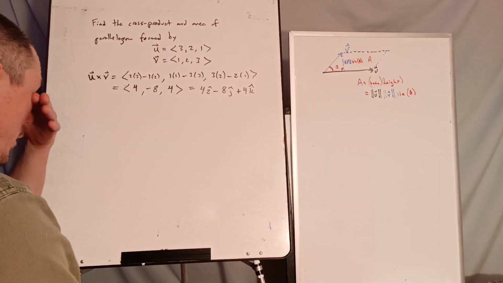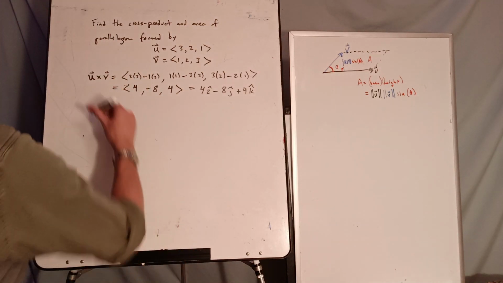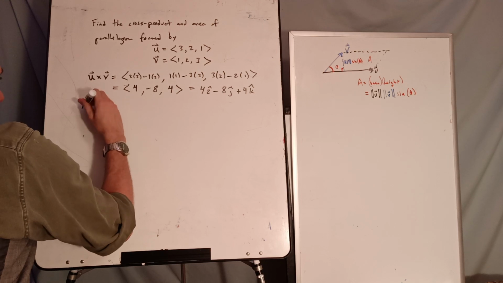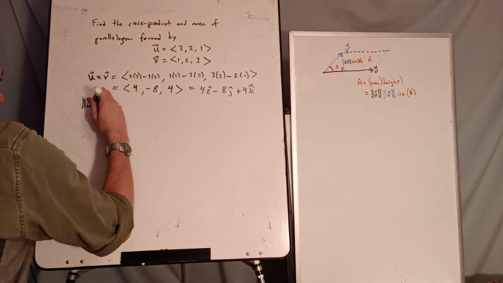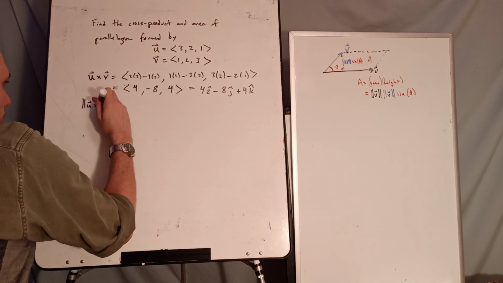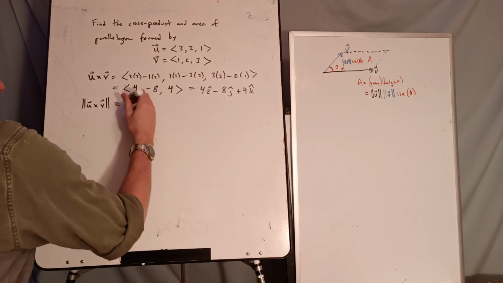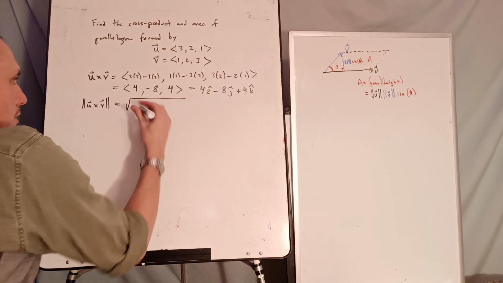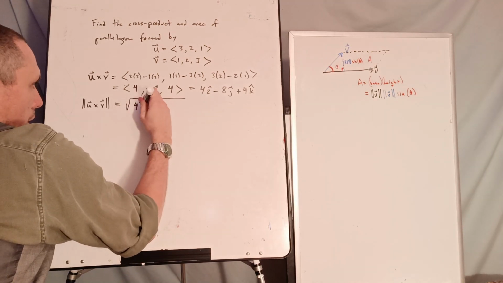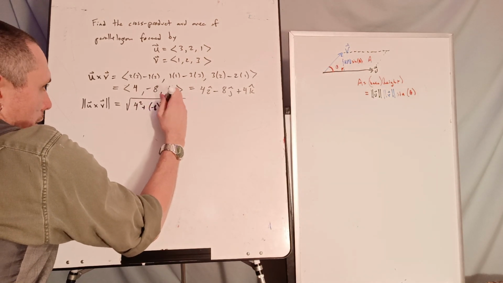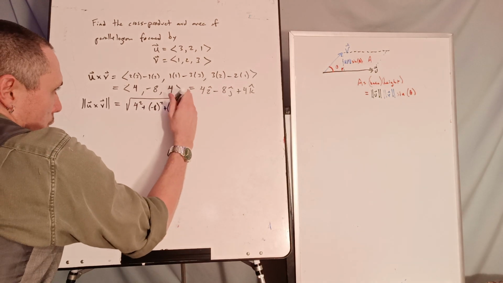And then if we want to know the magnitude of this, we could say, well, that's U cross V. First of all, there's 2 easy ways to calculate it. One of them is to just take the magnitude of this vector that we've got. That's 4 squared plus minus 8 squared plus 4 squared.